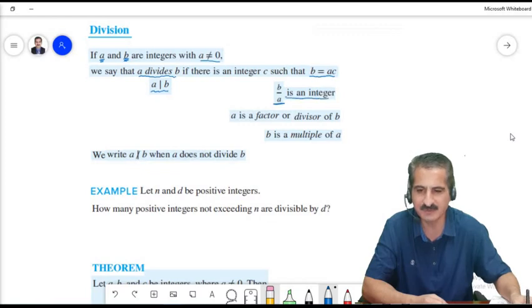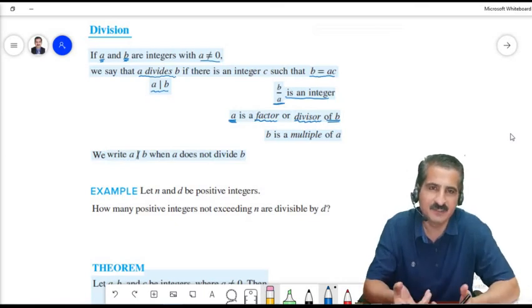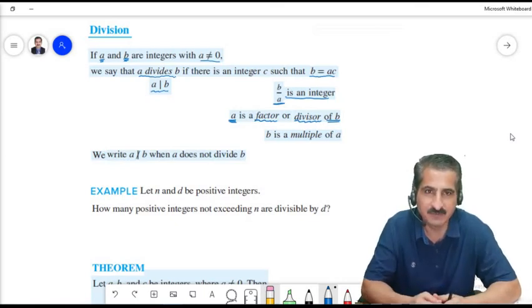Then we will say a divides b. And in such a case, we call a a factor or divisor of b.